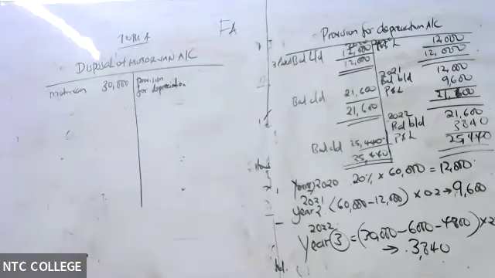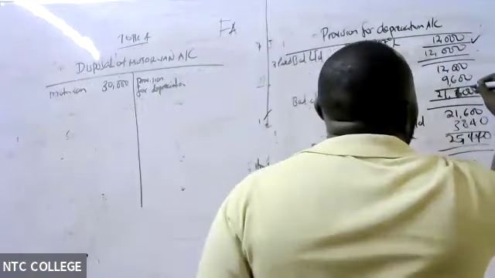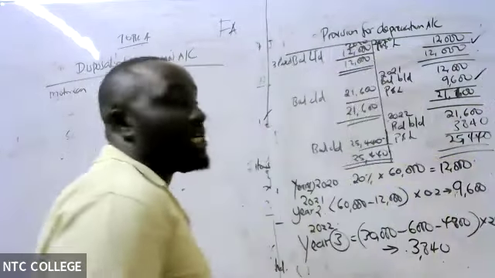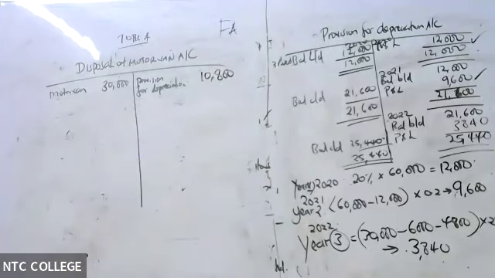So before we dispose this asset, how much value had it lost? It had lost 6,000 here, and it had lost 4,800 there. So provision for depreciation ni ngapi? Ni 10,800 altogether.